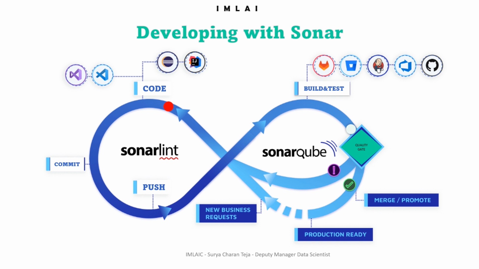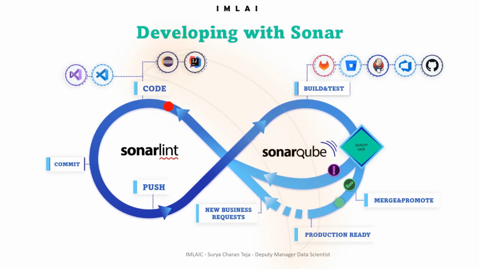On the other side, if the quality gate passes with a green light, it will go further, it will go for the merge and promote, and it will finally get into the production ready so that it can be exposed to the external world.